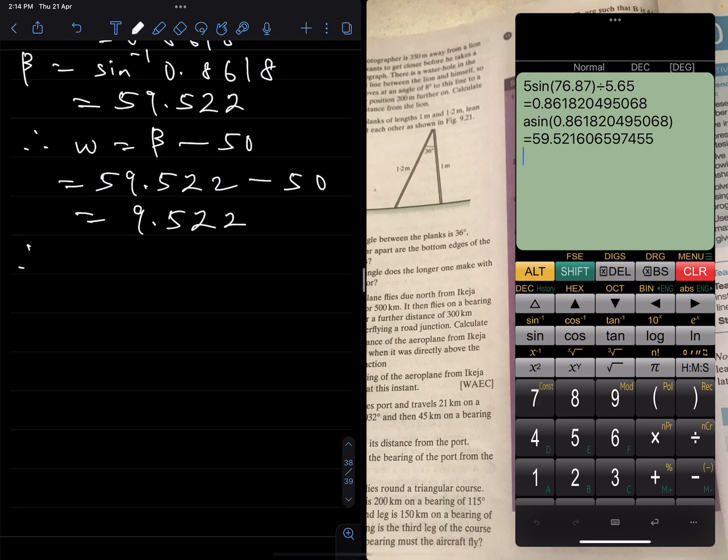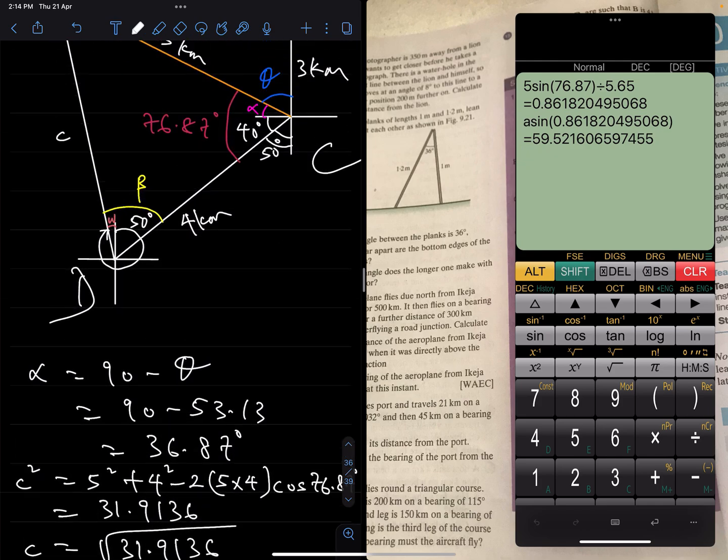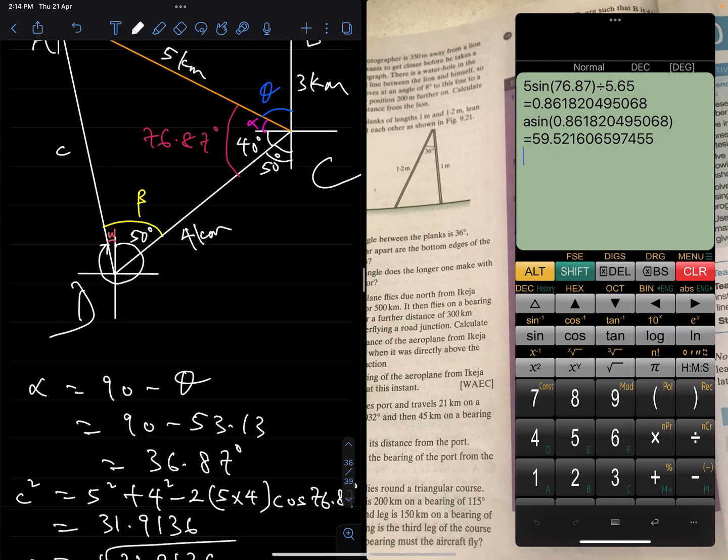So therefore the bearing of A from D is going to be 360 degrees minus the tiny W. We know that from this place to this place is 360.